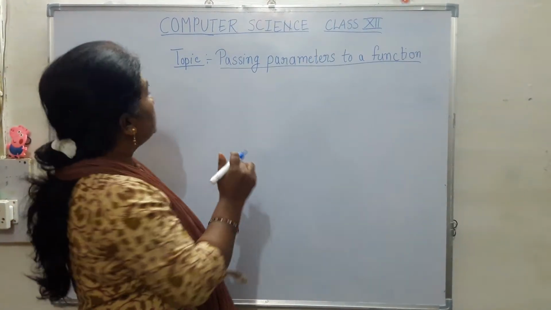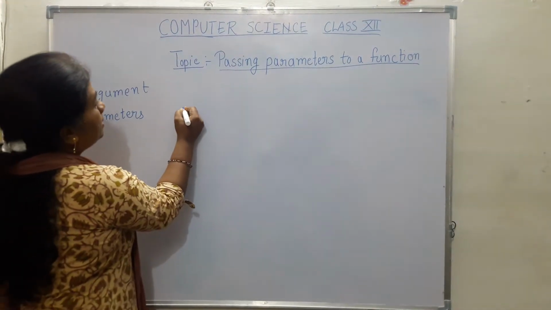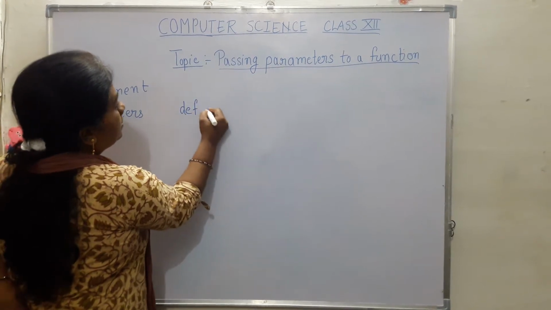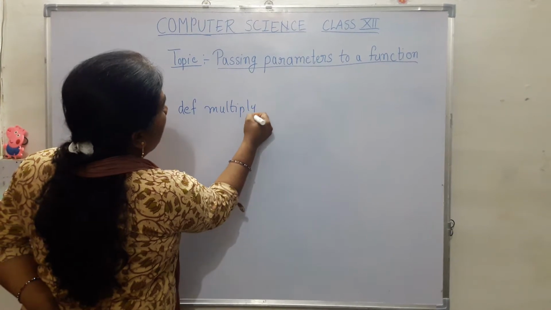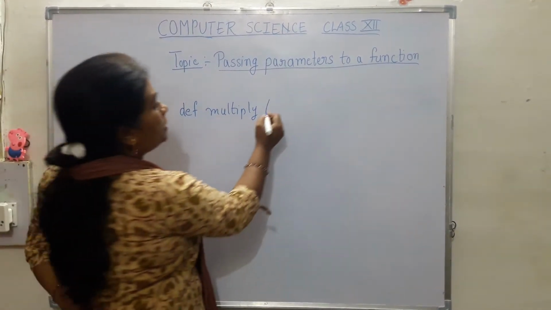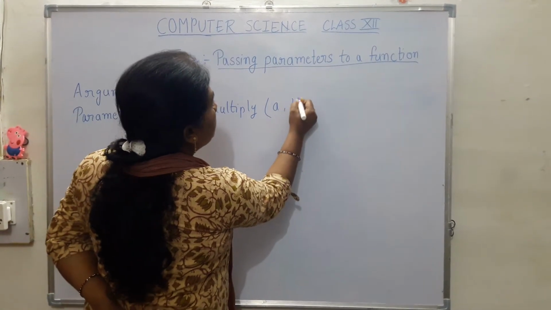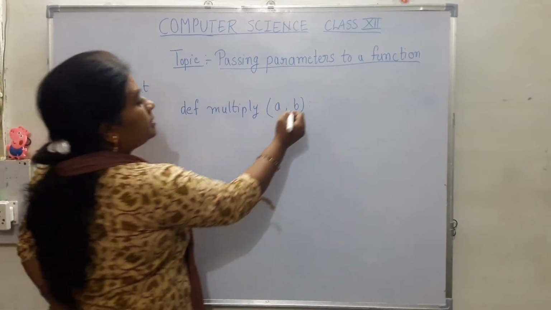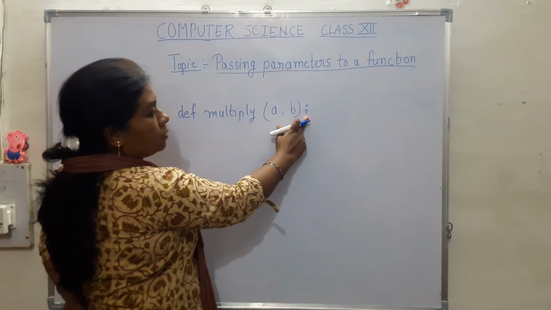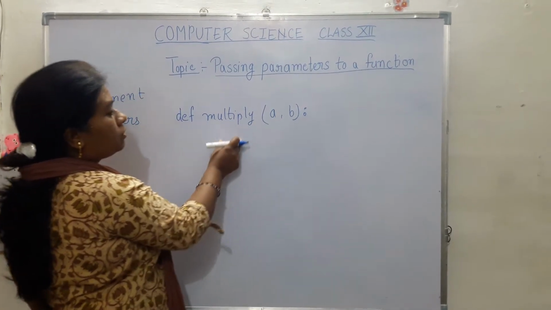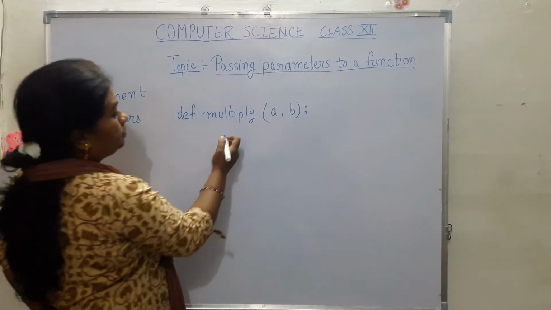A function definition starts with the keyword def. Suppose the name of the function is multiply and it is taking two arguments a and b, and this is the colon. This defines that now we are going to create a block.